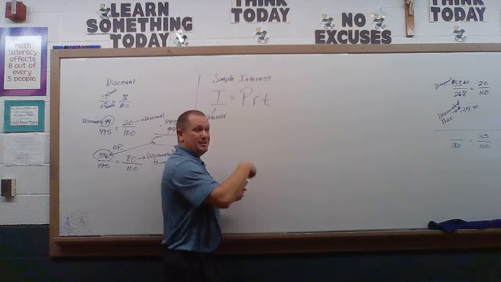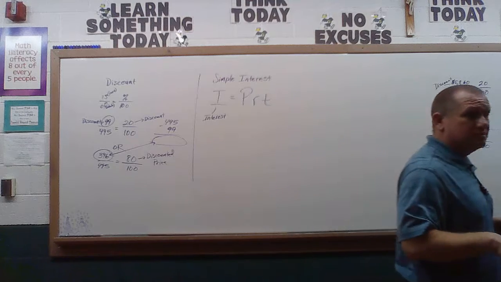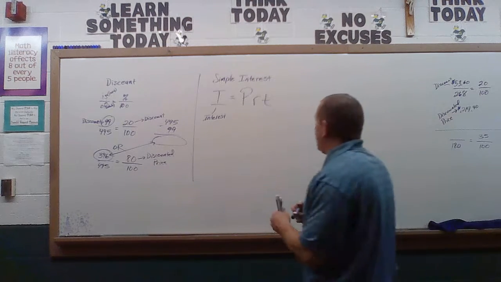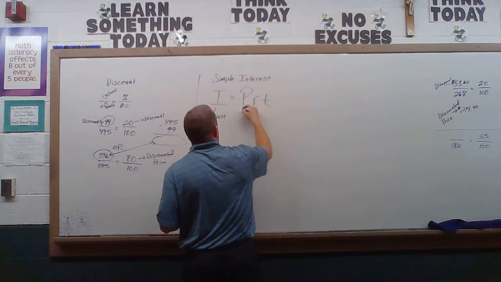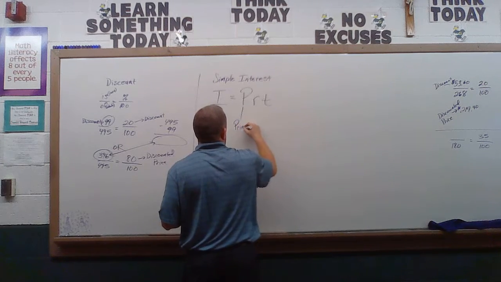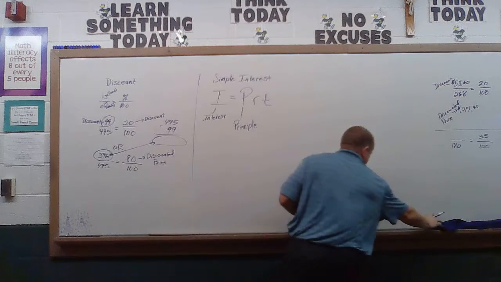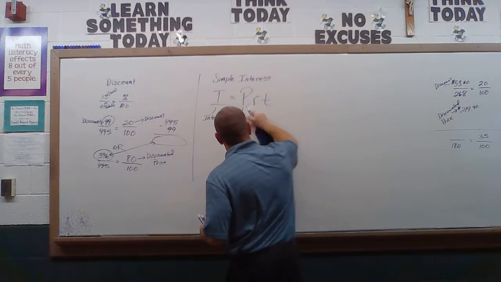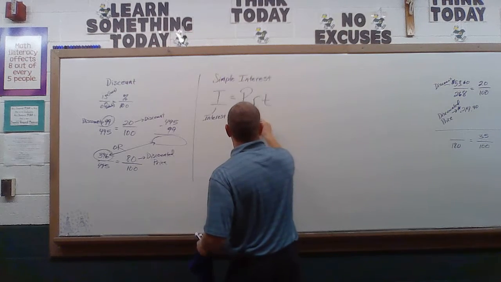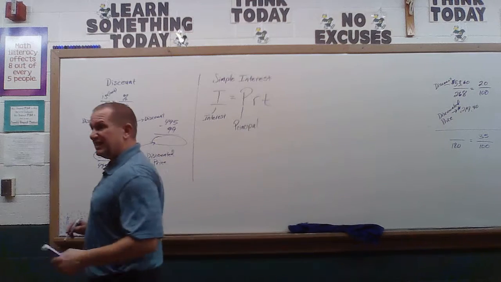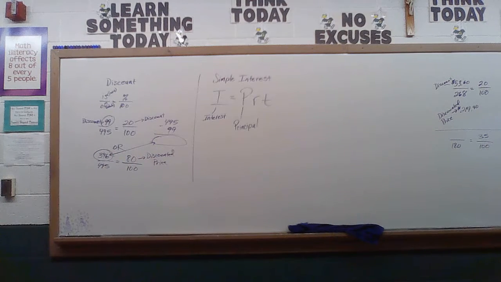Anybody have any idea what P stands for in one of these problems? Not price. Price is kind of a good guess. Profit? Okay, you're just throwing P words out there now, but that's okay. Price isn't bad, but they actually call this the principal. What's the principal mean?